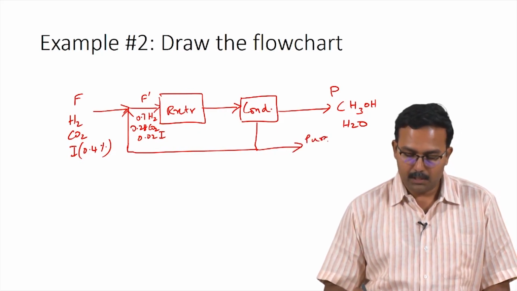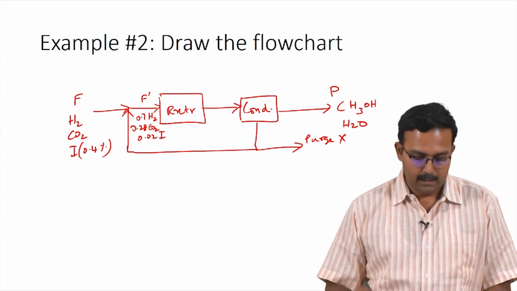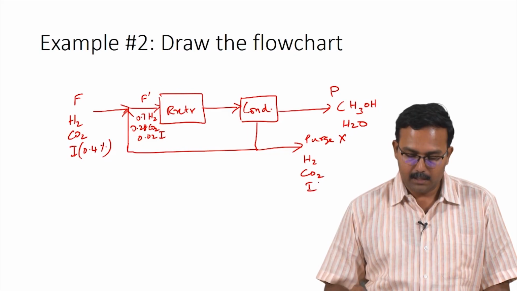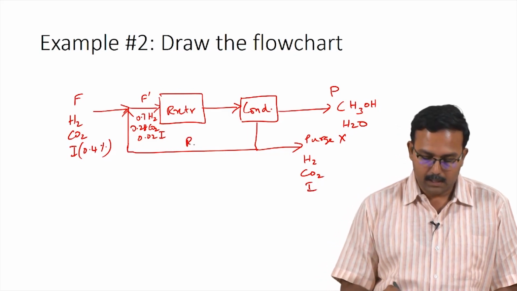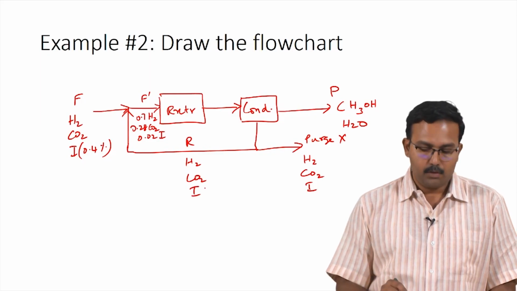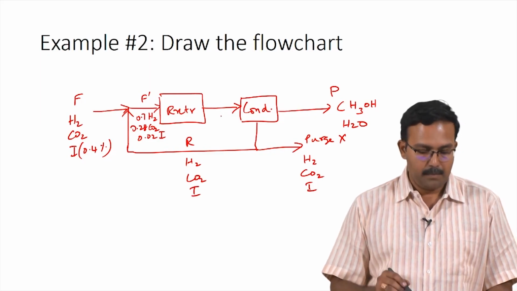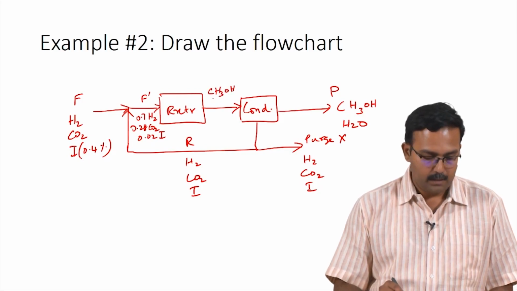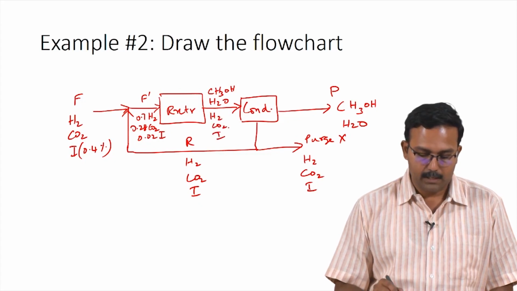This is the purge stream, we will call this X, and the purge stream would contain hydrogen, carbon dioxide and inerts, and so will the recycle stream. The total product stream leaving the reactor would contain the methanol which has been produced, the water which has been produced, hydrogen, carbon dioxide and inerts.